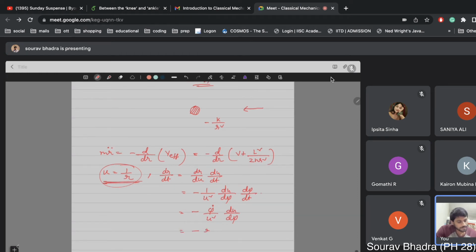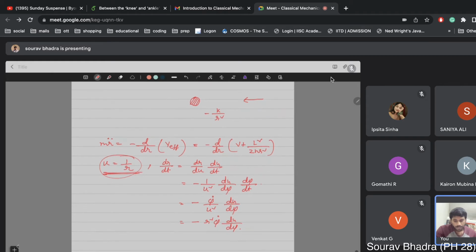So it is minus r square phi dot, you can write it in this way also, just replacing u by 1 by r. And as you know already, my angular momentum is m r square phi dot, so r square phi dot is actually L by m. We can replace it here: minus L by m du/d phi.